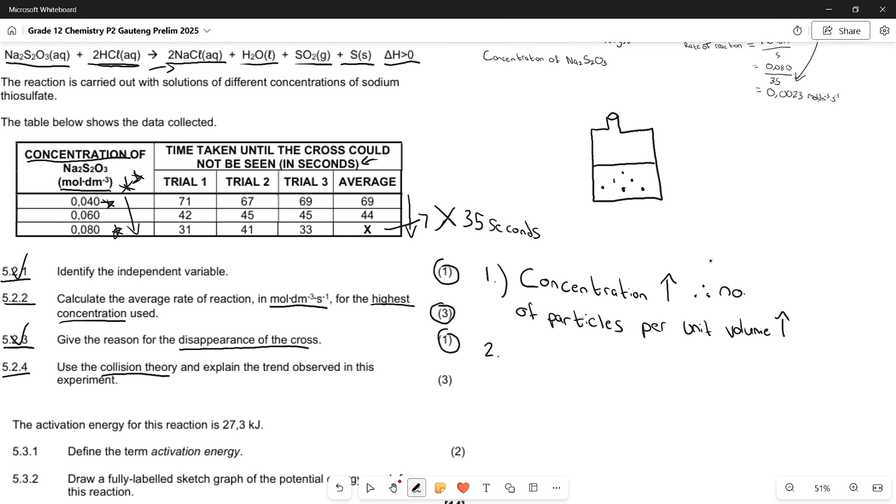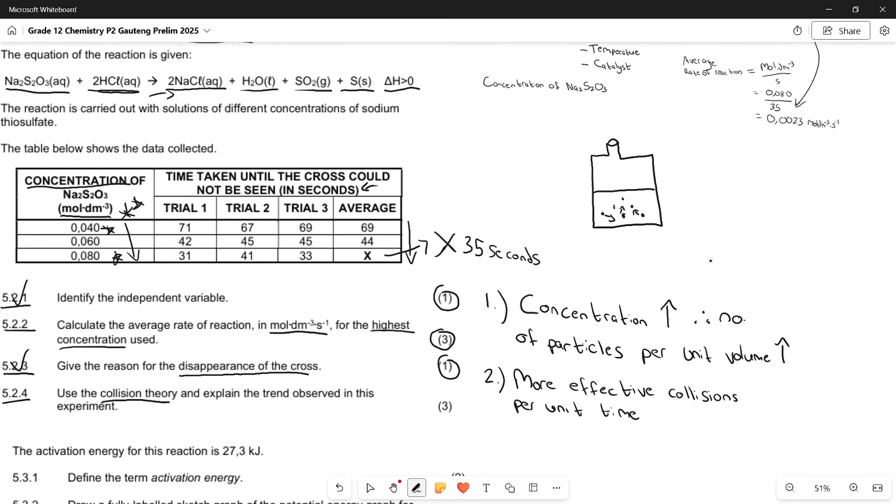Which means that because we have more particles in that same volume, we'll have more effective collisions per unit time. Because there are 6 dots here instead of 3 dots, as they move into each other and collide, there will be more effective collisions in the same time. We're timing it, and for 3 dots, there will only be so many collisions until we convert again from these reactants, the Na2S2O3 plus 2HCl, to these products over here.